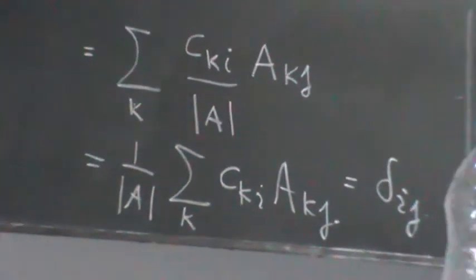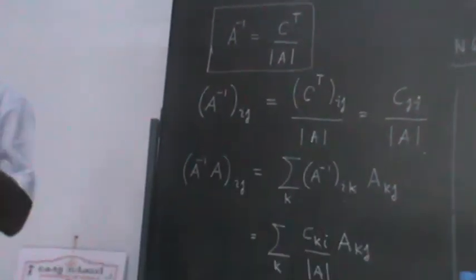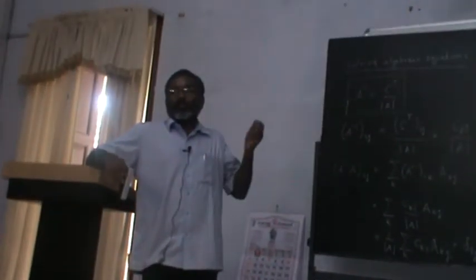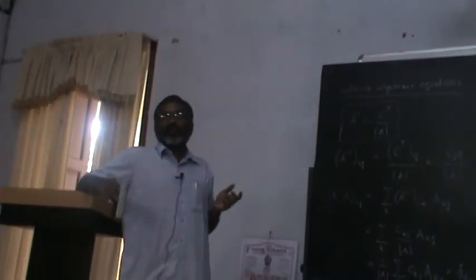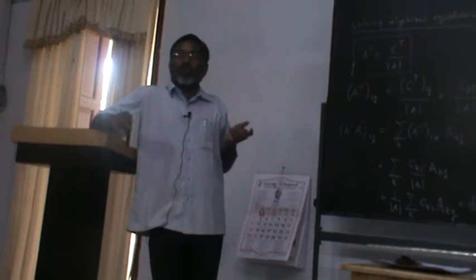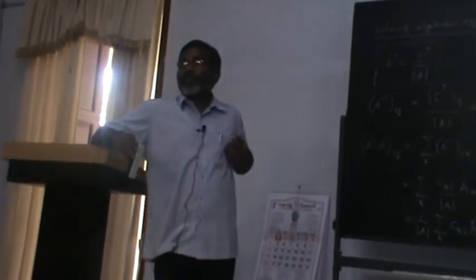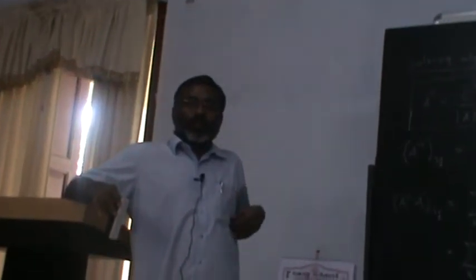So we can write down A inverse like this. If we have a small matrix, a 3 by 3 matrix, you can easily do it. A 4 by 4 matrix, not very pleasant, but maybe you can try. But if you have a 5 by 5 matrix, a 10 by 10 matrix, I do not know what is the biggest matrix that you have handled.